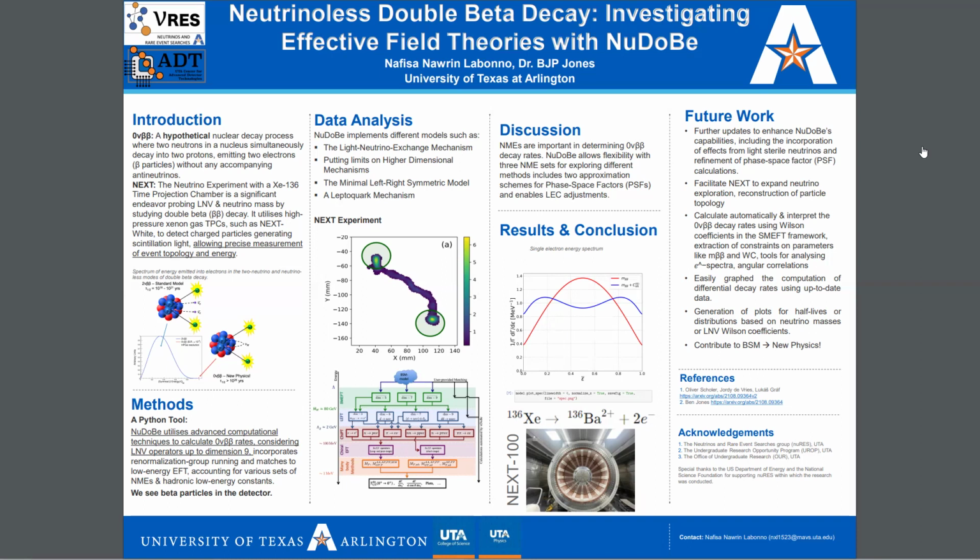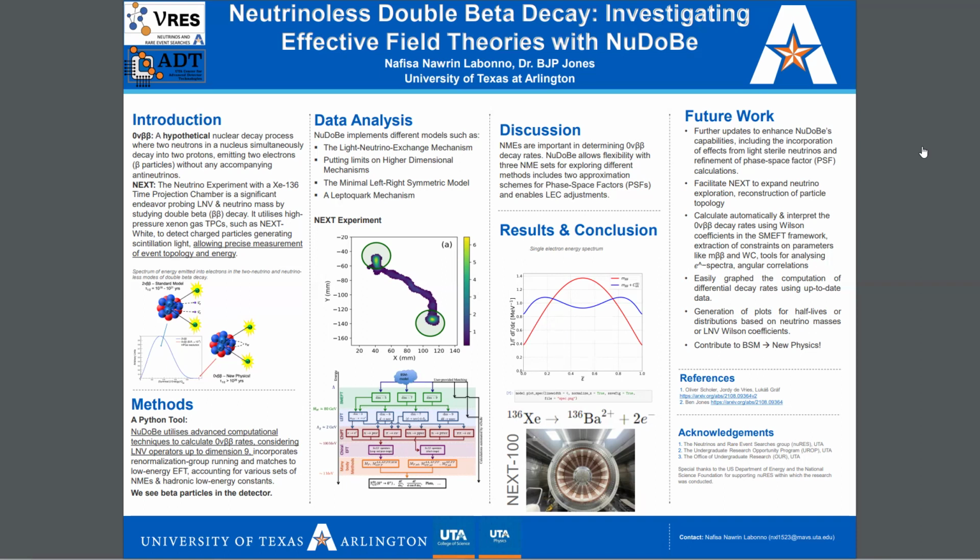The reason why next generation exploration of nu-DOBE is important is because of its ability to reconstruct particle topology with precision. The next experiment can probe subtle deviations in the topology, and therefore probe potential alternate models to the standard light neutrino exchange paradigm.